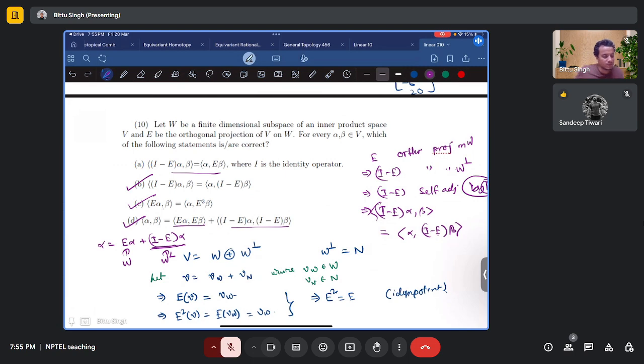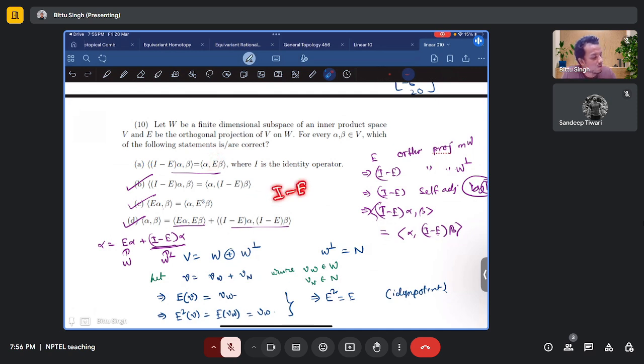Now this is not true. You can check with any counterexample. This is in general not true. You can directly write that this is not true because the adjoint operator T star is unique. Since the adjoint operator is unique, I minus E and E cannot be the same.